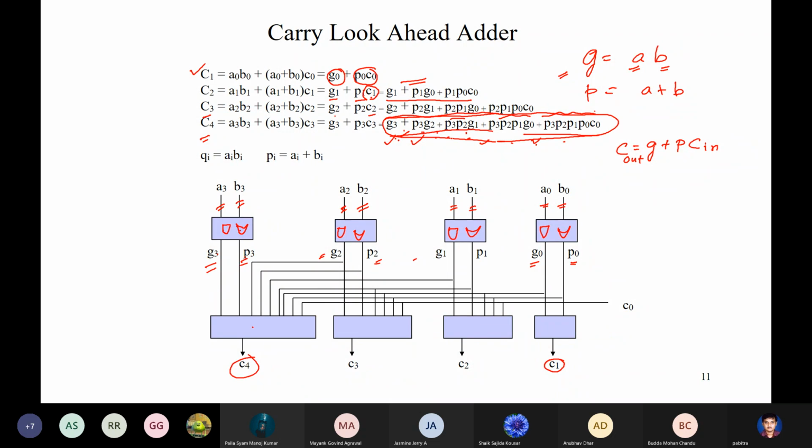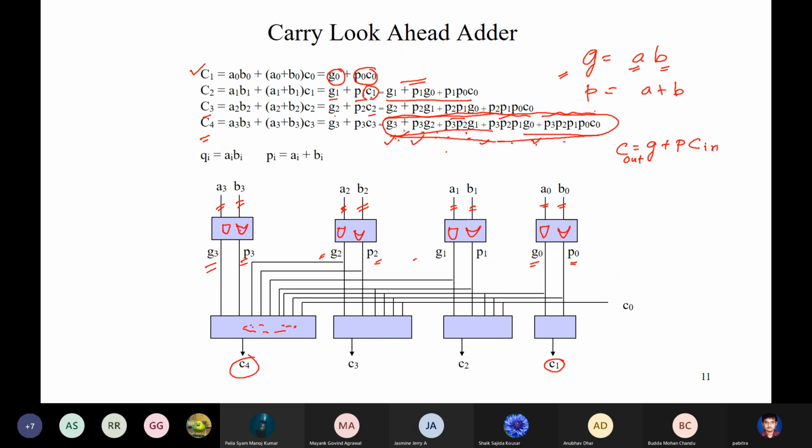I have all the signals, all these G3, P3, G2, P2 signal lines, immediately, meaning with a single gate delay. All these signal lines I have with just a small delay after the data arrives. But inside this block, we have very complicated, multi-input AND and OR gates.